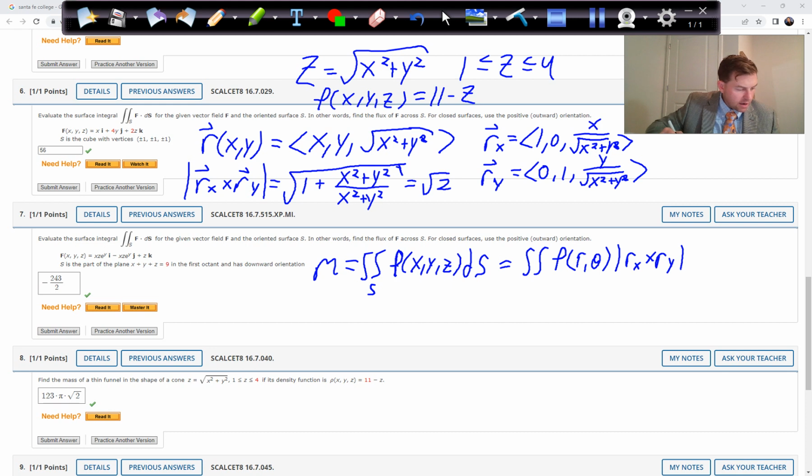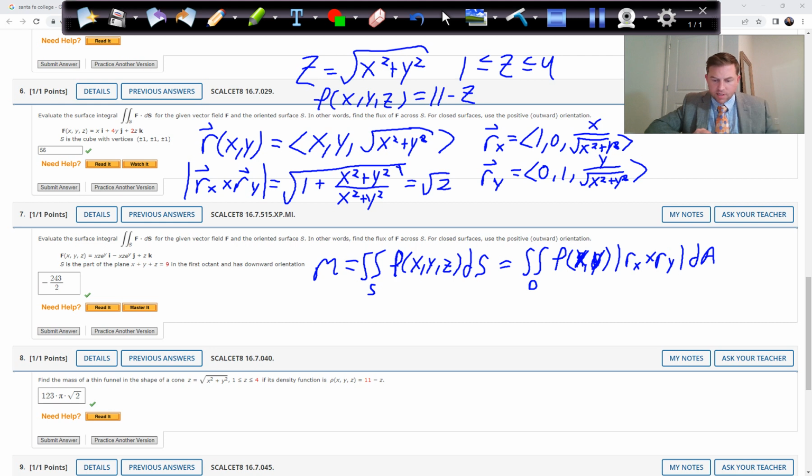And we're going to leave this as x and y first, times this dA. And then we're going to change it to r and theta. So I jumped the gun a little bit there. This is still x and y. Okay, so we're going to get rid of z.